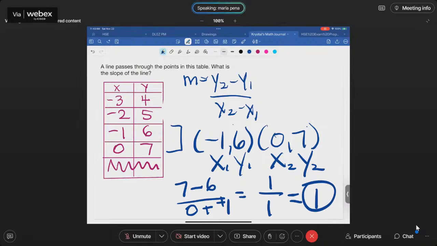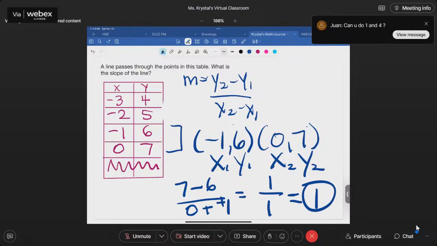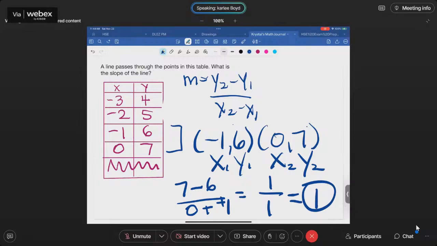I can't believe that I did it, but I got 1 on top and 1 on the bottom. You better believe it. Yes, Carly. Does it always have to be the ones that are next to each other? So what if you took the -3 and the 4 and then used the -1 and the 6, would it still be the same answer, or do they have to be the first two or the last two?